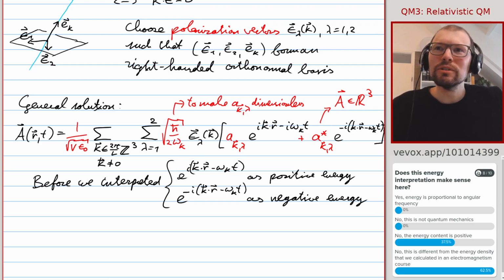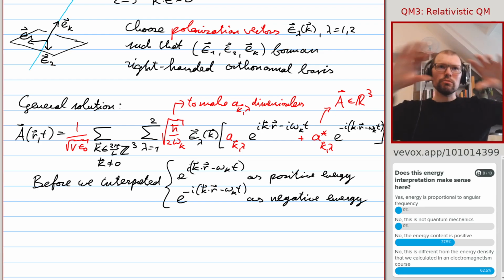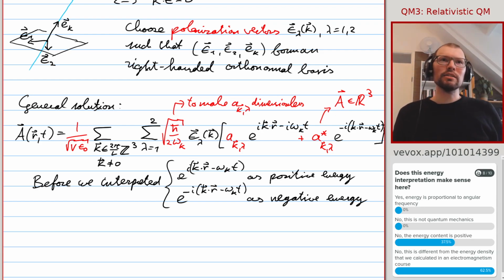And if you recall, what is the energy stored in the electromagnetic field? I think this is something you computed, certainly in electrodynamics or electromagnetism 2, I think, or even in 1. If you take some charge distribution, you can ask, well, how much work do I have to do to bring these charges together?